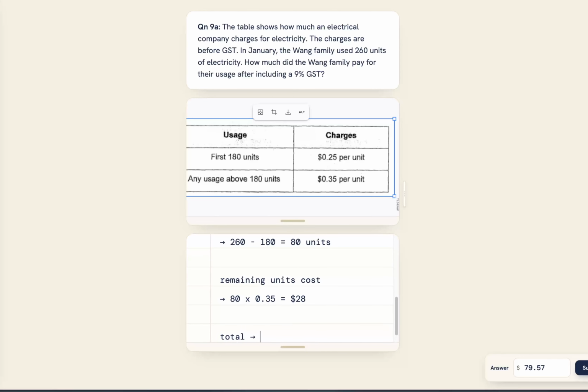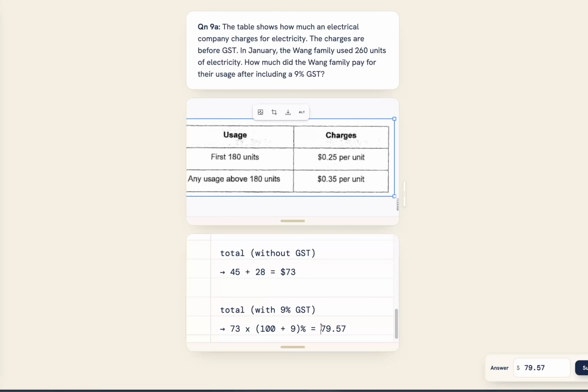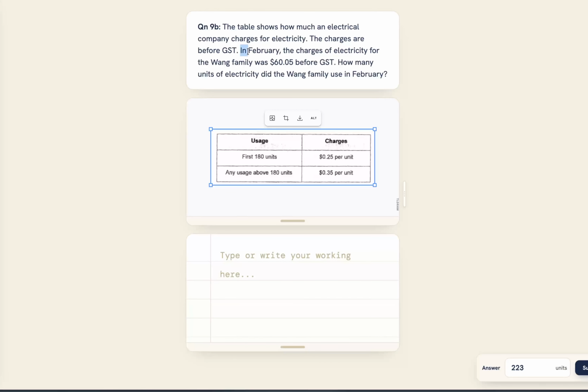So the total would be 45 plus 28, which gives us $73, but this is without GST. So with GST, it's 73 times (100 plus 9)%, which is $79.57.